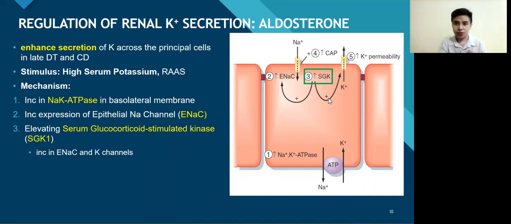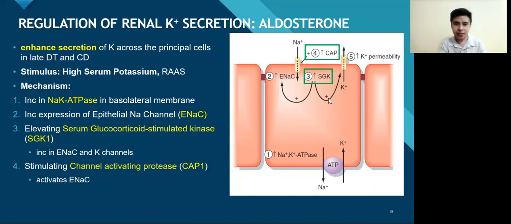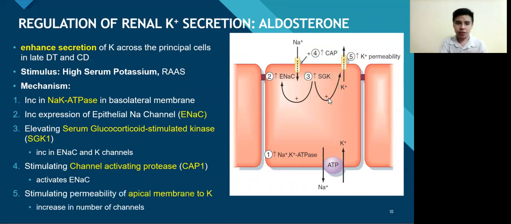Then eventually, aldosterone will also enhance this CAP, or channel activating protease, or prostatin in other books. But anyway, CAP enhances your ENaC. And that's why aldosterone enhances sodium reabsorption, enhances potassium secretion, and then eventually increases the permeability of potassium.